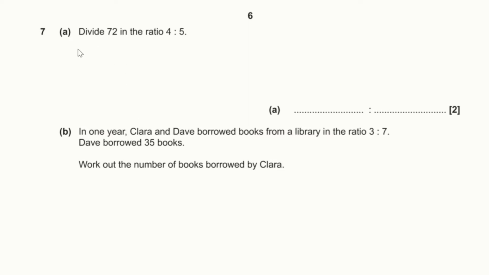Question number 7. For part A, we have to divide 72 in the ratio 4:5. Well, if we add together the components of the ratio, 4 plus 5 is equal to 9. And therefore, if we work out 72 divided by 9, it turns out we get 8 per part.